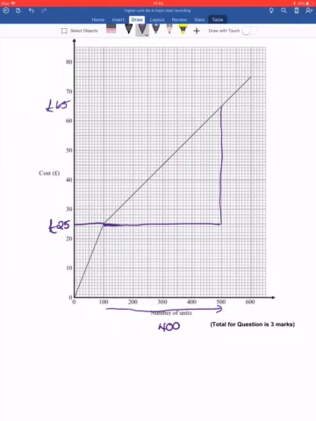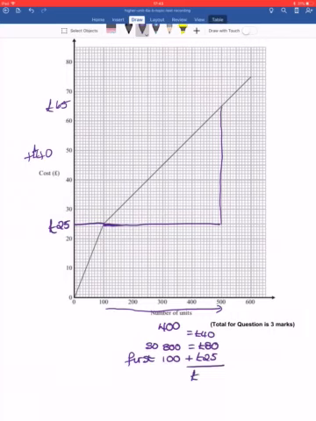So it's gone up £40. So 400 equals £40. So 800 units is going to be double that. It's going to be £80 plus our initial £25 for the first 100. So the total is now £105.